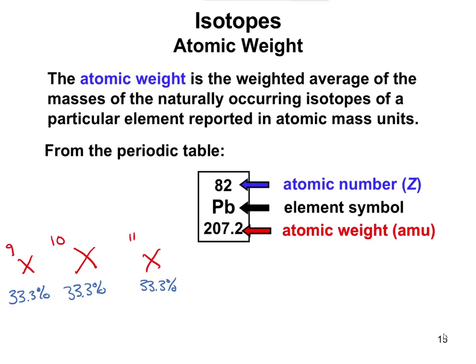If you were to take an average, they're going to average out: 1/3 of the mass is 9, 1/3 of the mass is 10, 1/3 of the mass is 11. The overall average for that would be 10. So in this case, the overall mass is going to be 10.